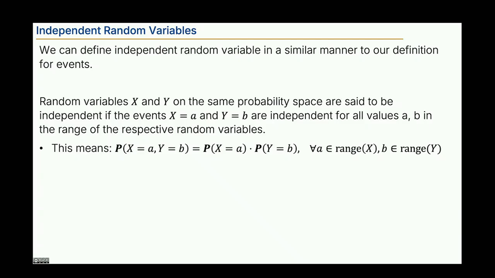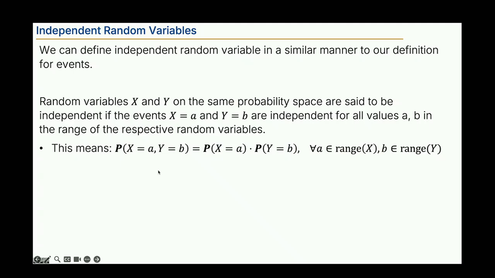But standing on that assumed foundation, which is not totally solid for everyone in the room, the idea is that 2 random variables are independent if the events X equals a and Y equals b are independent for all values in the range.